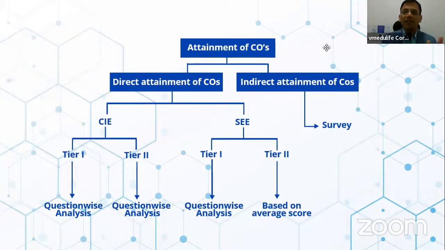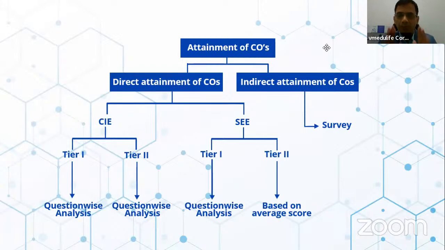Our faculties are designing the internal examination question paper. In case of end semester, autonomous institutes have a certain structure for designing and processing this examination. For tier 2, the affiliated universities design these question papers at central level, and then they are circulated to the individual organizations.